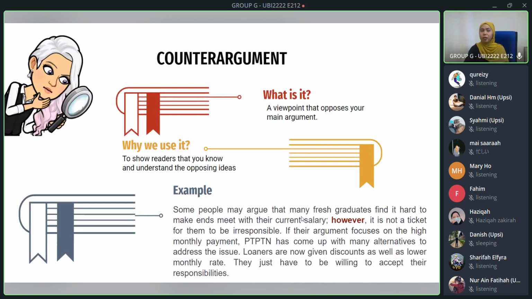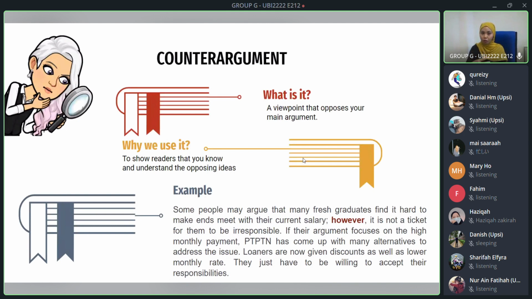So why is it important to counter argue? Imagine if that person arguing with you keeps on talking about his or her point, without having a single pause to acknowledge your idea. He or she will seem very, very egocentric, I would say. Everything is about him. He just wants to win without even considering my idea.